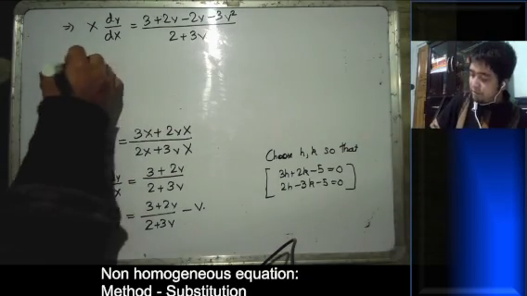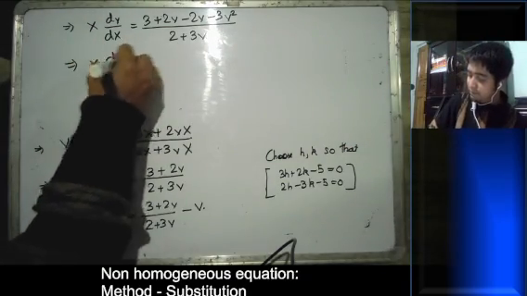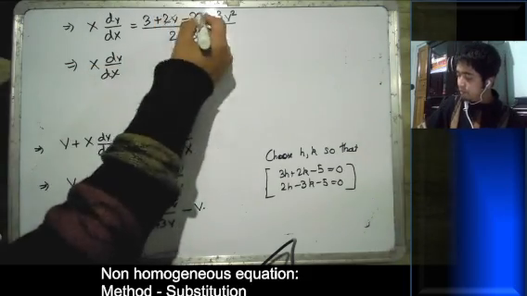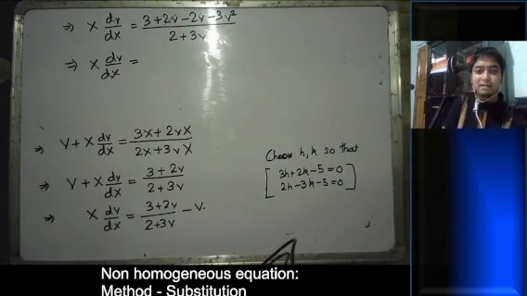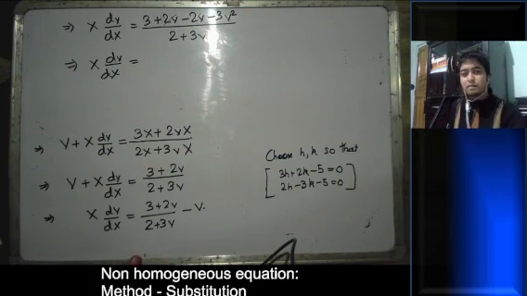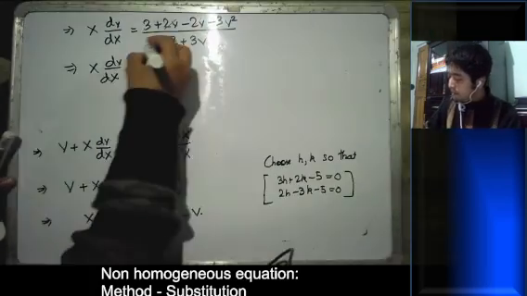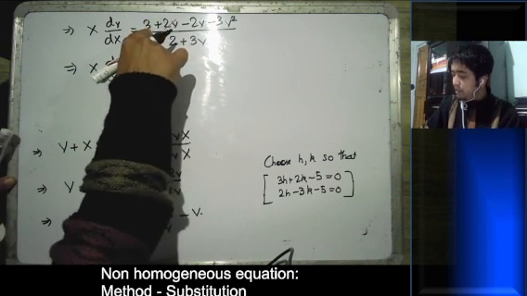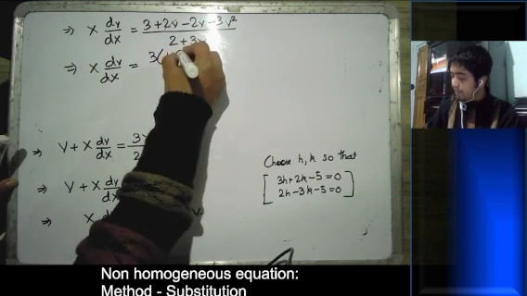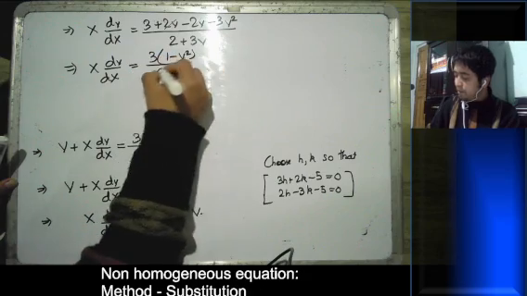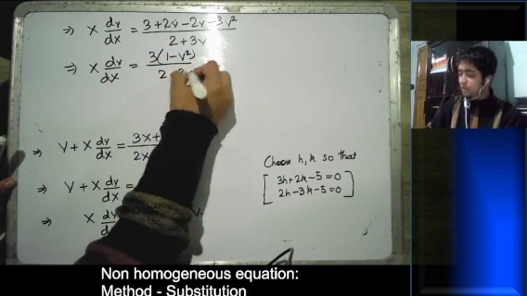Okay, so this is what we will be getting. So 2v and 2v will get cancelled. You will be left with 3. Take common, you will be having 1 minus v square upon 2 plus 3v.